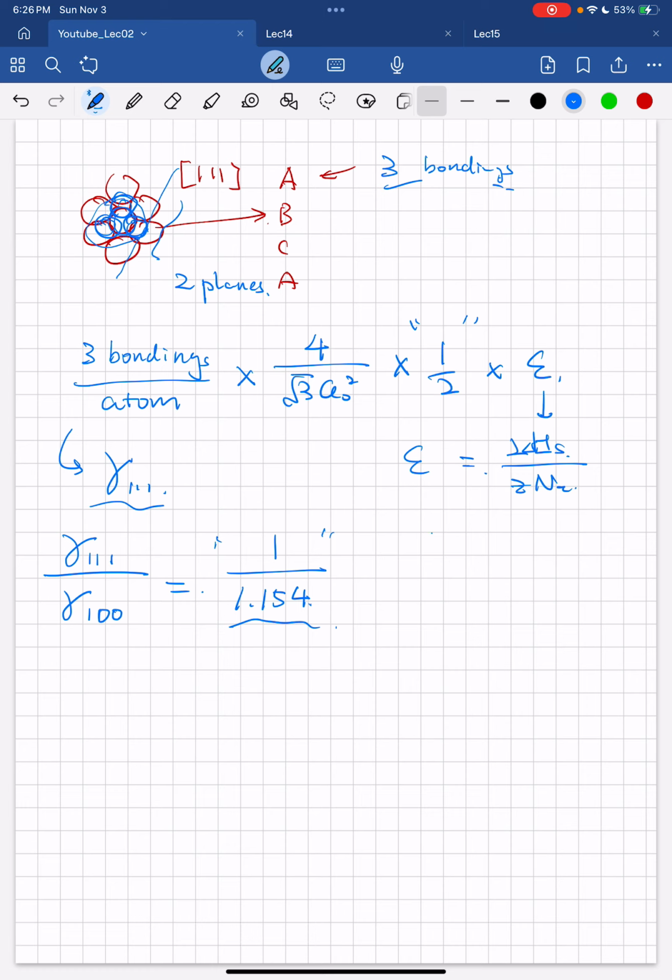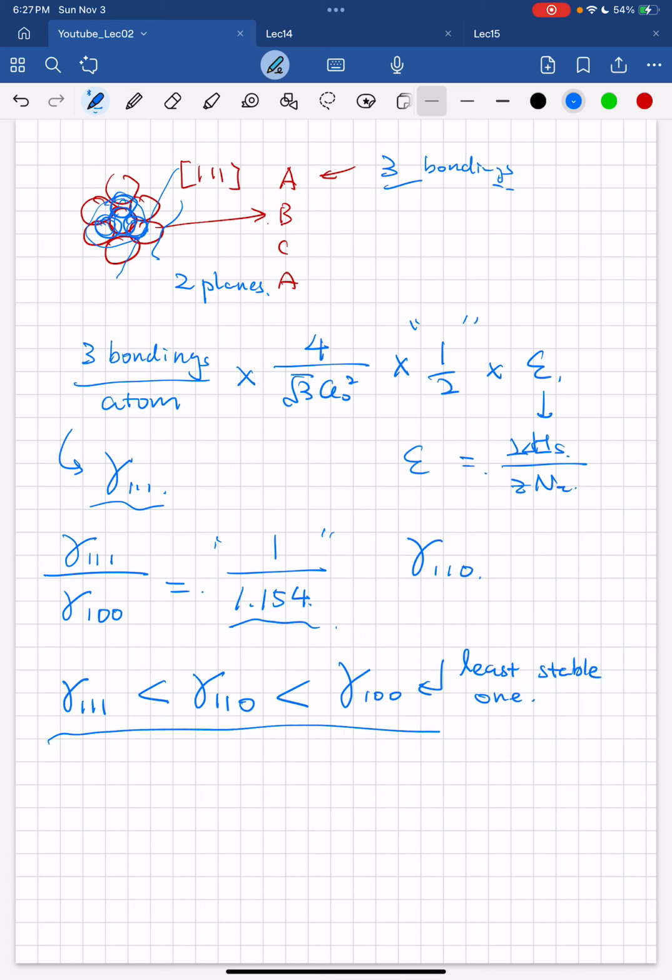And also if you calculate the surface energy of 100 and 110, you'll realize gamma 111 is smaller than gamma 110, which is smaller than gamma 100. So this is the least stable one.